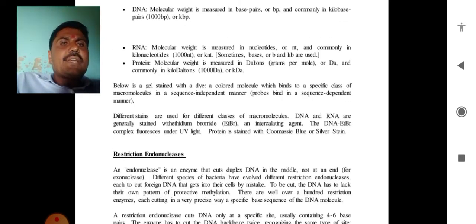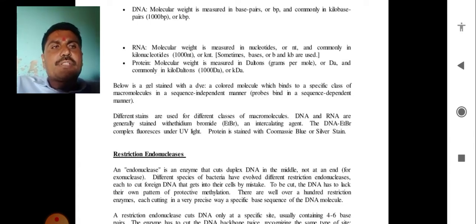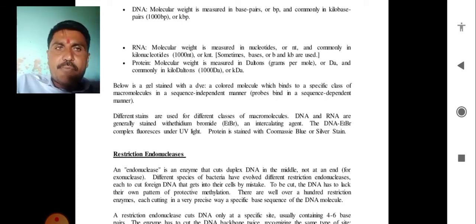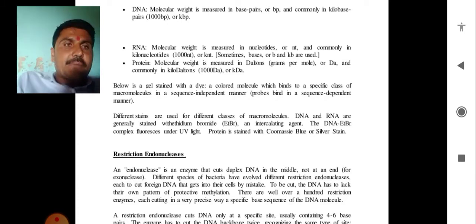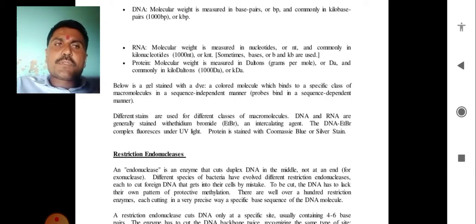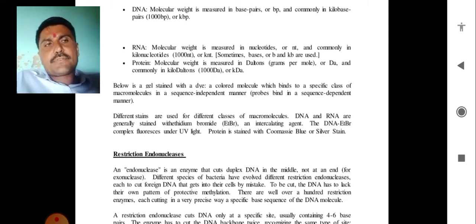Below is a gel stained with a dye. A stain is a colored molecule which binds a specific class of macromolecules in a sequence independent manner. Probes bind in a sequence independent manner. Different stains are also used for different classes of macromolecules.